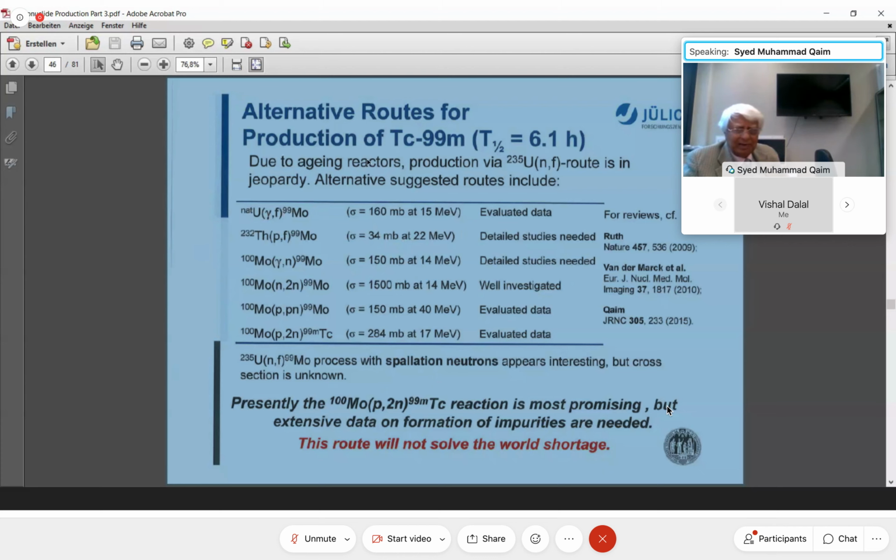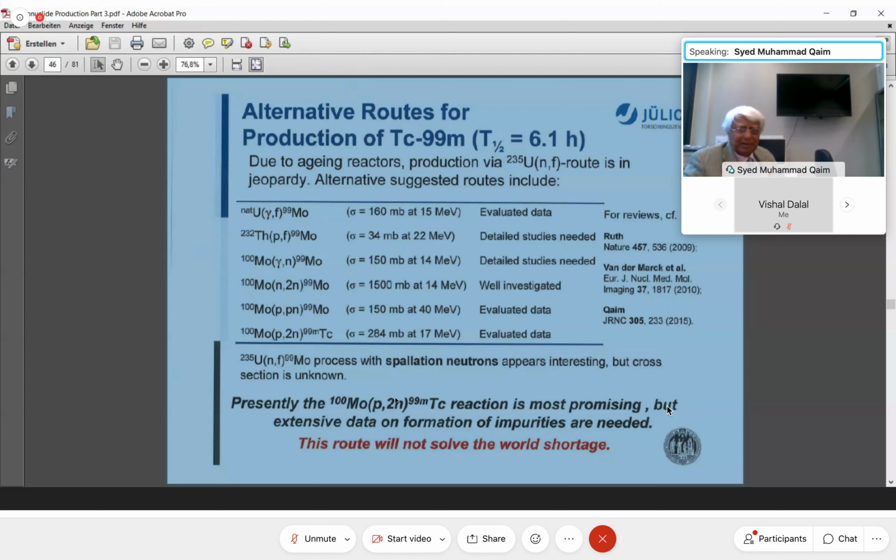Anyway, from all these reactions, if you look at the cross sections, you calculate the yields, and also the impurities, it comes out that the last reaction, molybdenum-100 P2N, technetium-99m, is the best one. It is the most promising, but extensive data on impurities are needed. How much the impurities will be, that has to be decided.